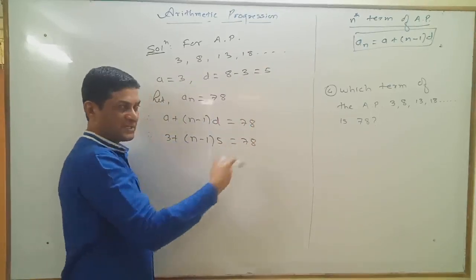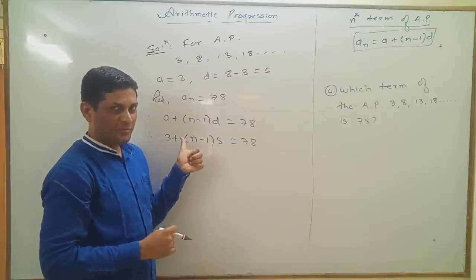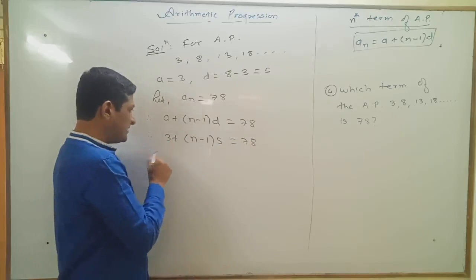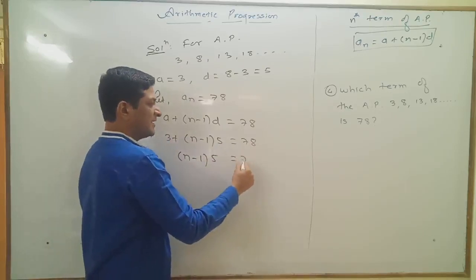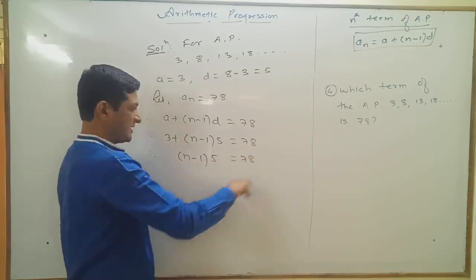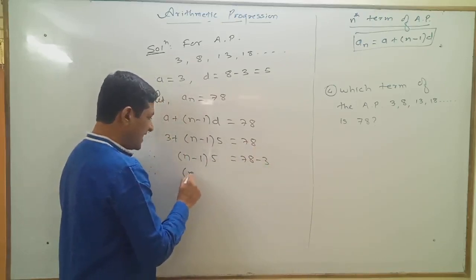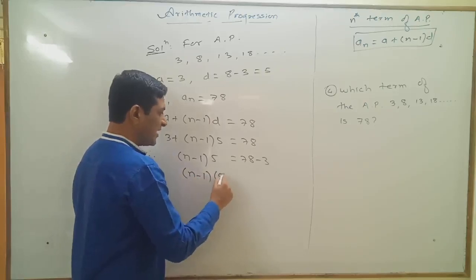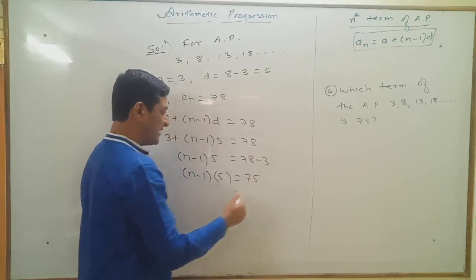Remaining part is simplification, simplifying this equation. Now we are trying to find the value of n. So n minus 1 into 5, keep it as it is, take 3 on this side, plus 3 on this side will become minus 3. So n minus 1 into 5 is equal to, on this side, this difference will be 75.